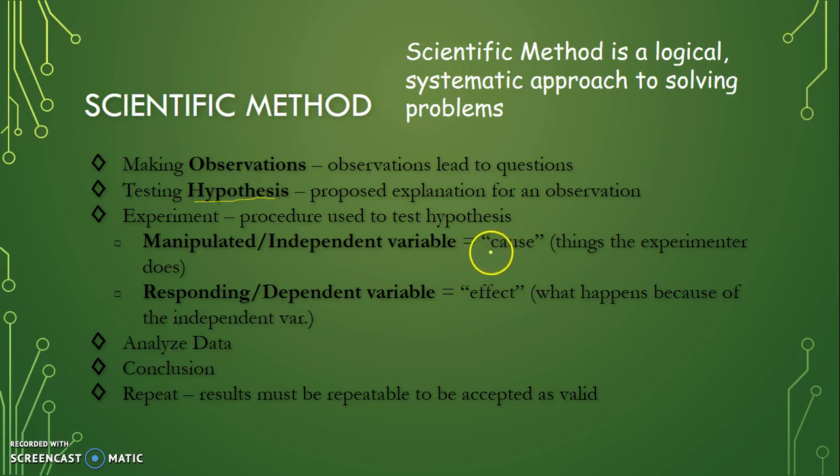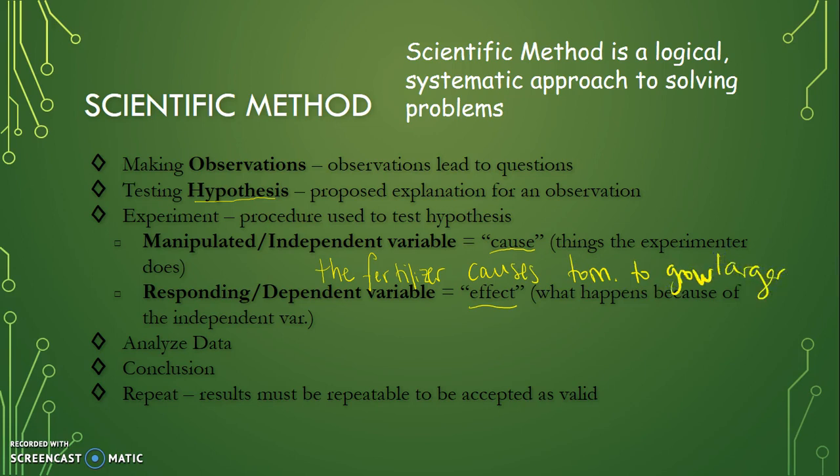The easiest thing I think of is to think of cause and effect. The independent causes something, and the effect is the dependent variable. And the practice problems explain to you how to do that in this fashion. So if you say, like we did with our tomato problems, the fertilizer causes the tomatoes to grow larger.